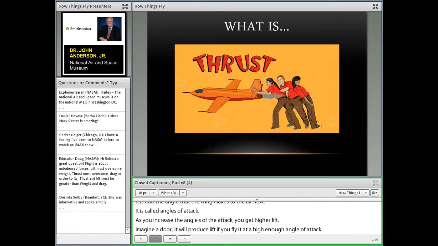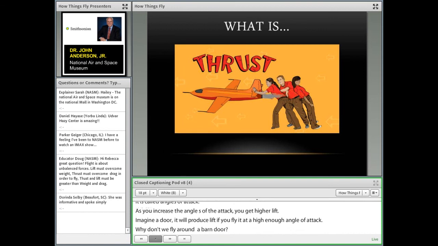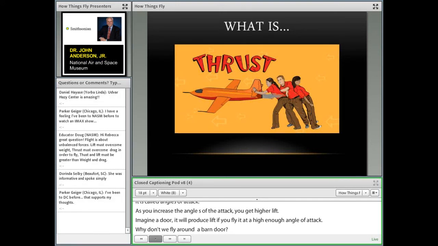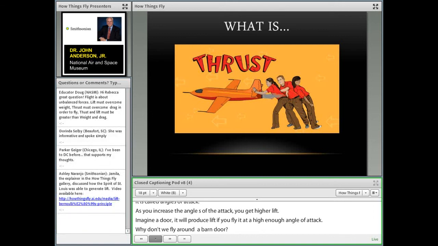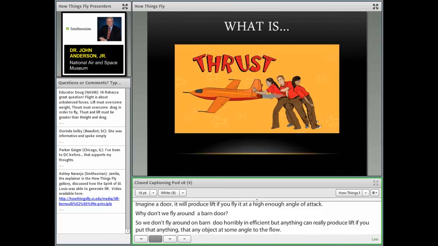So we don't fly around on barn doors. It's horribly inefficient. But anything really can produce lift if you put any object at some angle to the flow. Okay, so with a paper airplane, that flat wing will generate lift, yes, if you have a high enough angle of attack and enough thrust. Yes, obviously. Exactly.